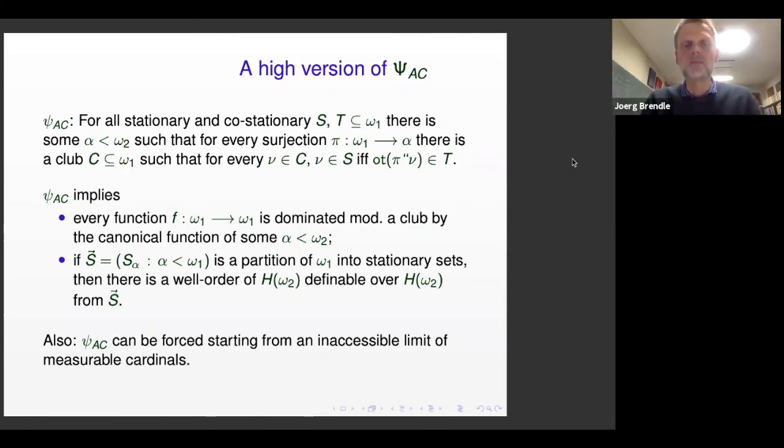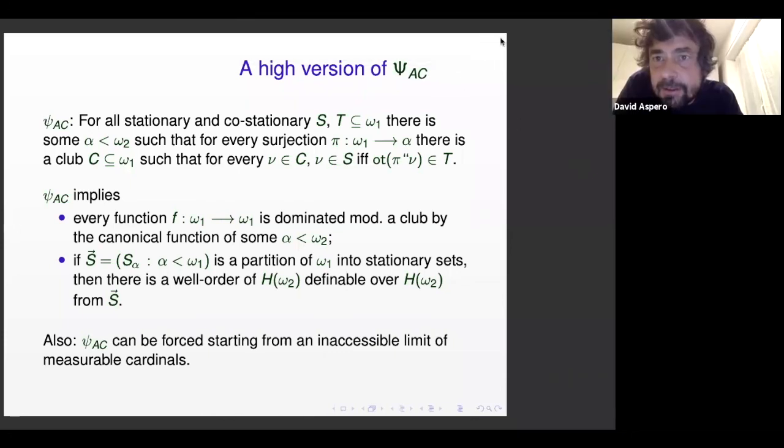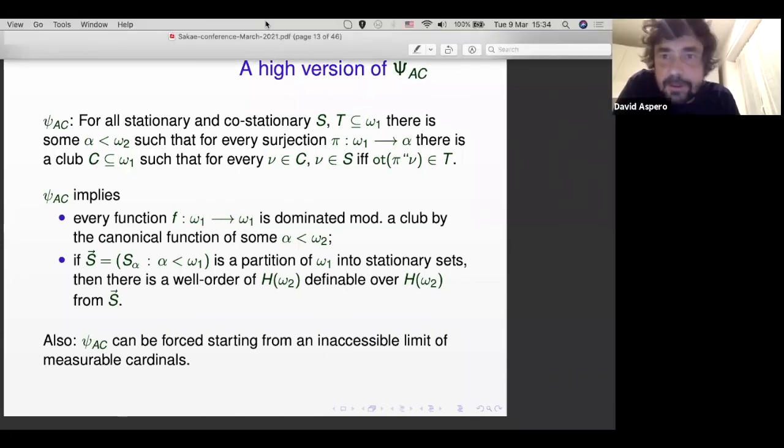Oh, I see. Rahman asked the question in the chat because he has a problem with the mic. So please look at the chat.